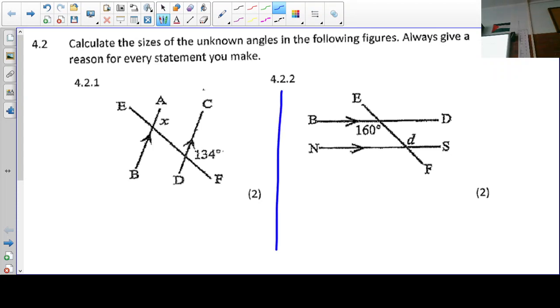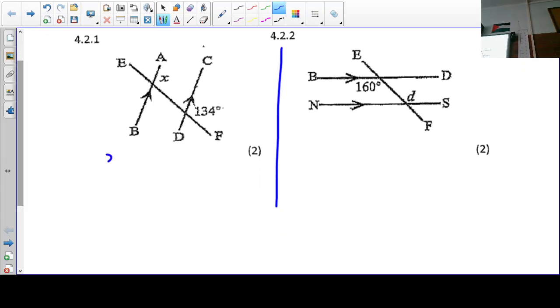Calculate the size of the unknown angles in the following figures. Always give a reason for every statement you make. So people, what is x equal to here? Well, which shape is being formed? The F. So it's going to be corresponding angles with AB being parallel to CD.